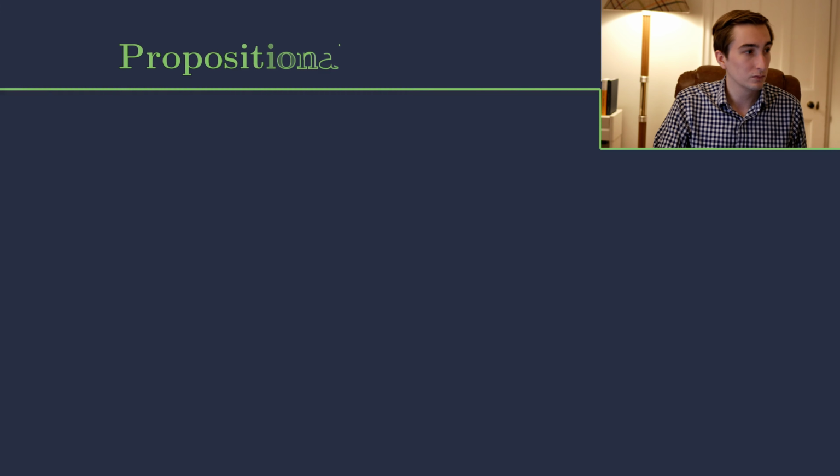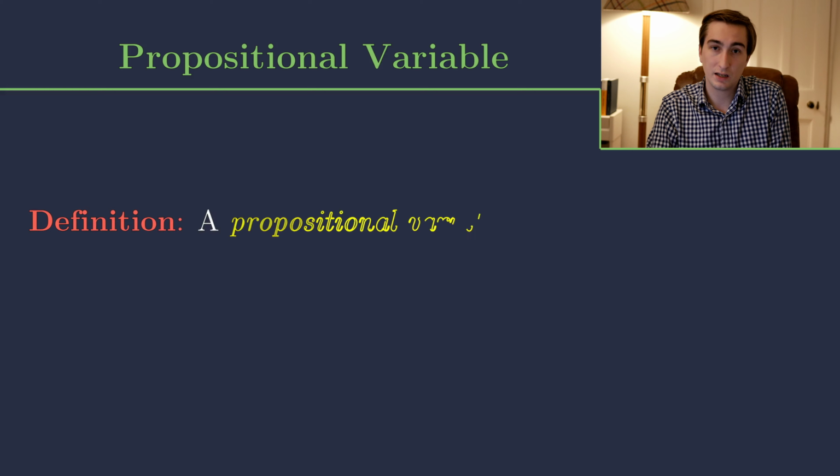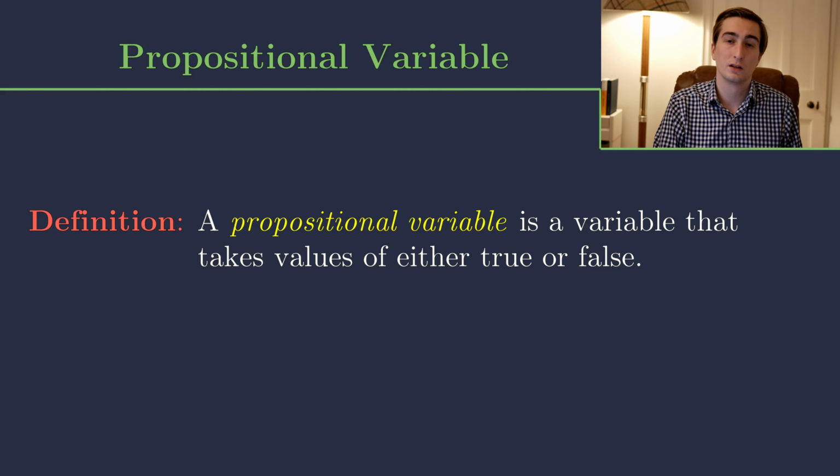So let's introduce our final definition of this video, namely that of a propositional variable. As you might expect, a propositional variable is a variable that takes values of either true or false. So it's effectively just a variable that can only take propositions as its input. It runs over the space of propositions.